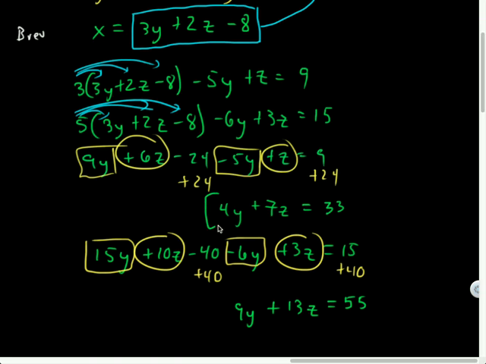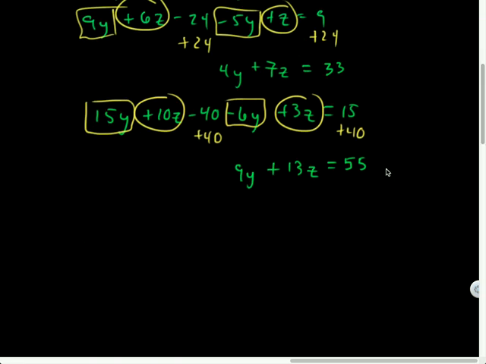So between this equation and this equation, hopefully you could solve from there. I would use elimination. Actually, I'll even rewrite this top one here: 4y plus 7z equals 33. And if I was to do that, the LCD between the y's would have been 36. And between the z's, that's a 13 and a 7.